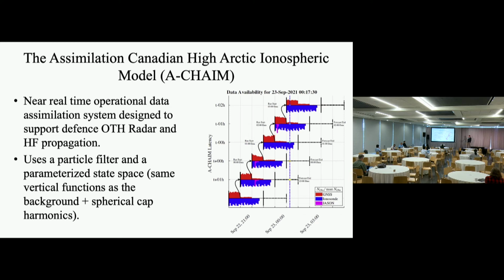So aviation. The system uses a particle filter and a parameterized state space, so we use the same functions as the background model to specify our state space when doing the data assimilation, which allows us to do some interesting little tricks to play around with the distribution of information within our state.